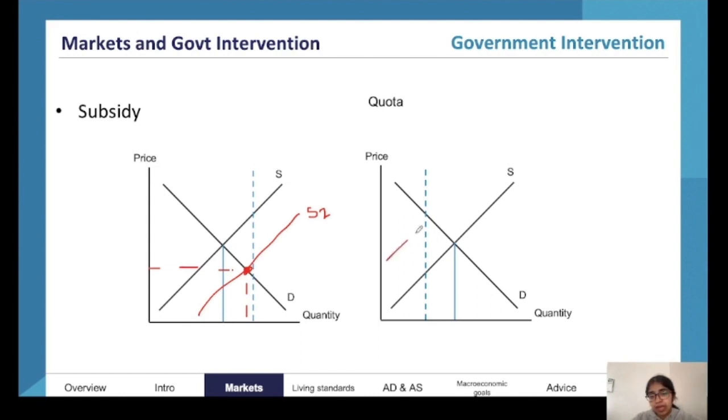So supply has to shift left at all given prices. Less supply at any given price because there's a quota, so suppliers just cannot produce as much. Shortage. So this leads to a higher price at a lower quantity sold. You're trying to reduce the production of that. And that's it.